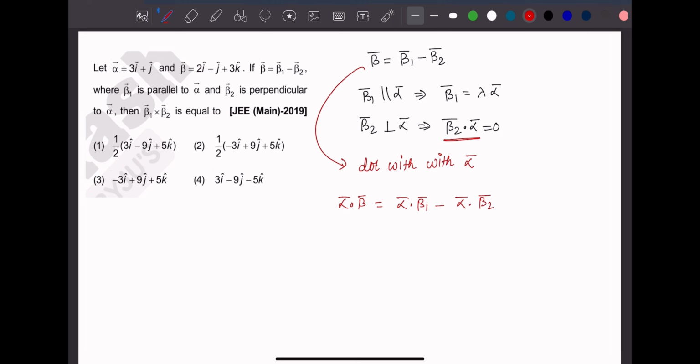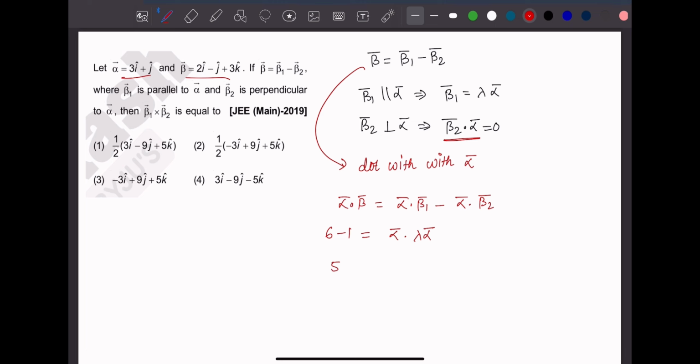So alpha vector dot beta vector, that we are getting 6 minus 1, is equal to alpha vector dot beta 1 vector, if we have to find beta 1 vector. Which means we can replace this with alpha vector dot lambda times alpha vector.